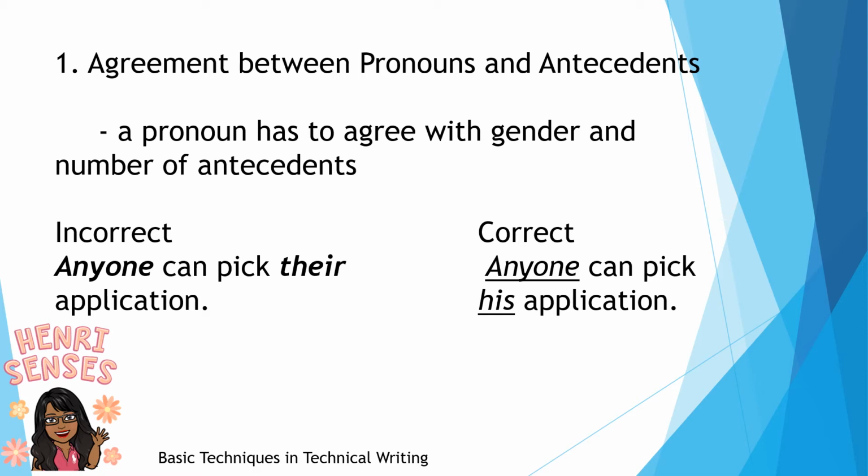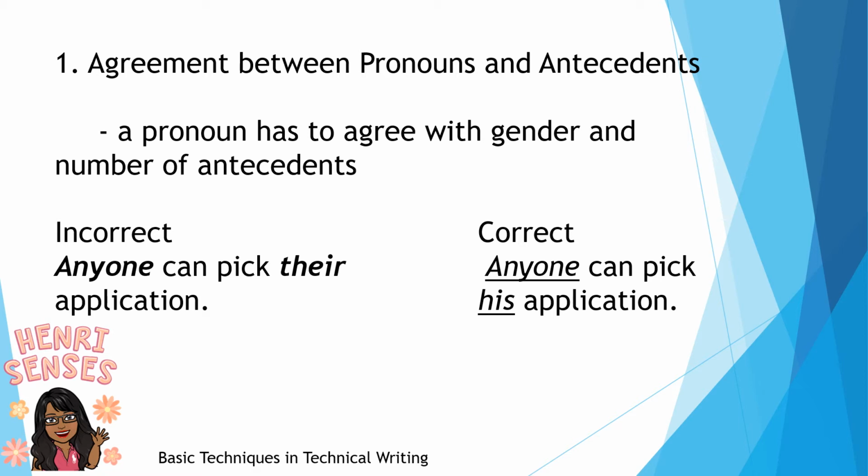Here we also have important information: a pronoun has to agree with the gender and number of its antecedent. Let's take a look at the example. We have here, "Anyone can pick their application." So anyone, as we all know, is a singular type of pronoun.